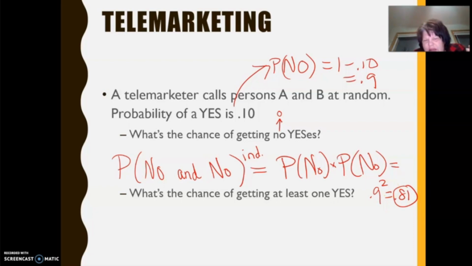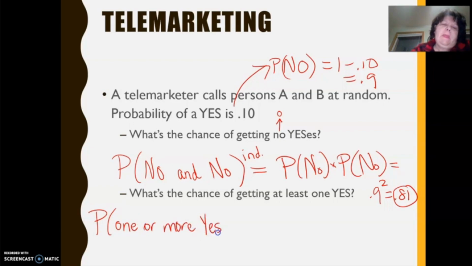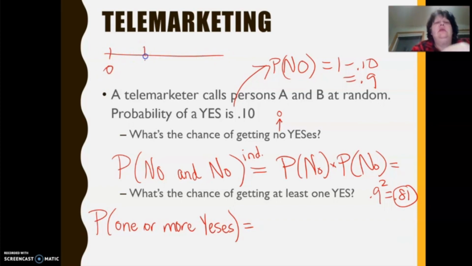It's not as exciting as what you'll see in the next example, though. In the next example, it says, what's the chance of getting at least one yes? At least one yes is the probability of one or more yeses, right? Well, what's the opposite of that? If you call 2 people, you're either going to get no yeses, 1 yes, or 2 yeses.